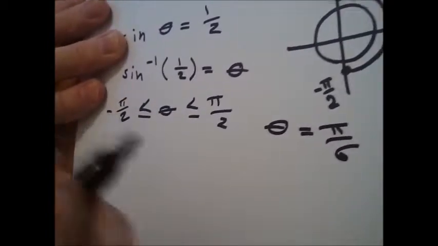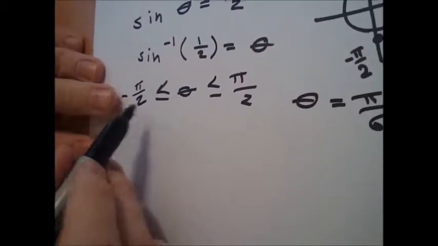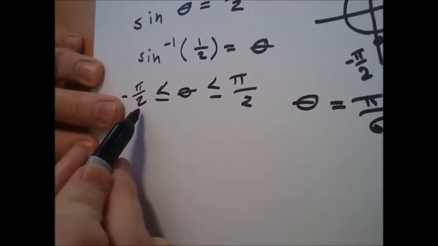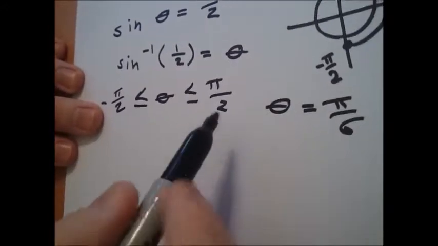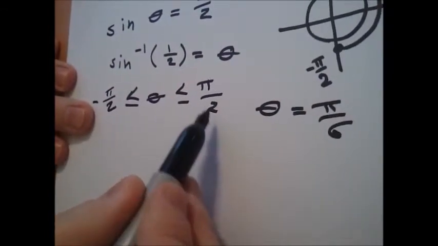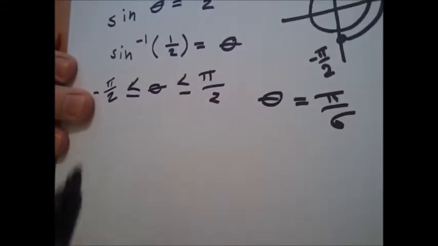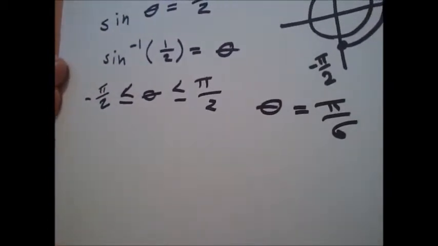I just want to double check it, make sure it fits. Is pi over 6 greater than or equal to negative pi over 2? Yes, it is, because it's positive. So this one, no problem. Pi over 2, is pi over 2 bigger than pi over 6? That's just a matter of comparing fractions.